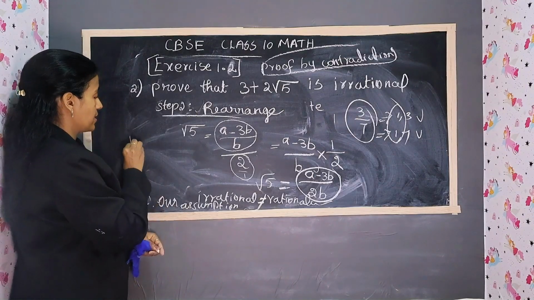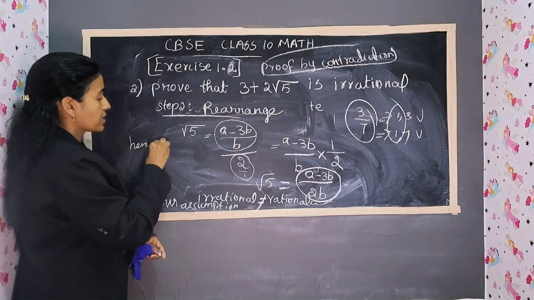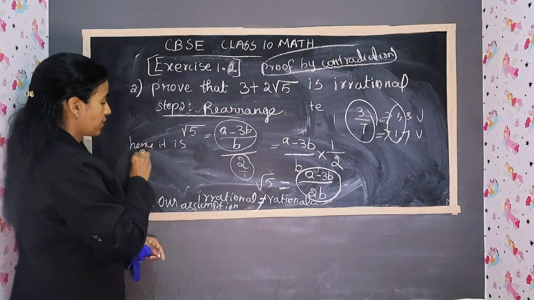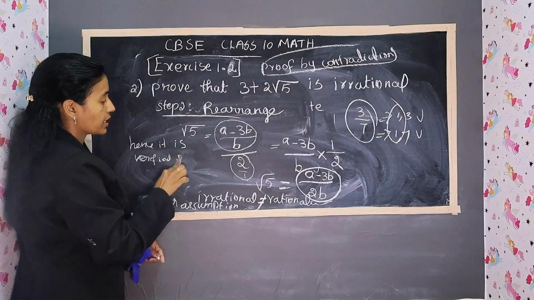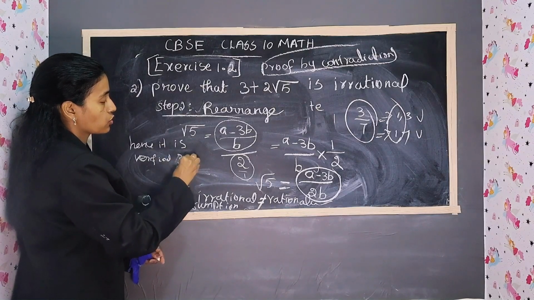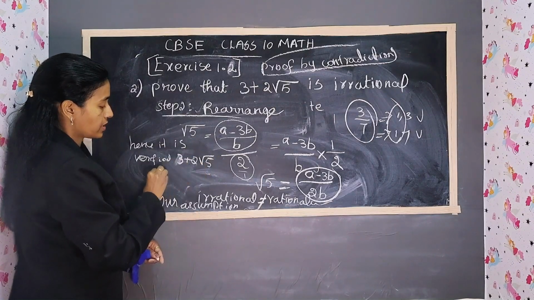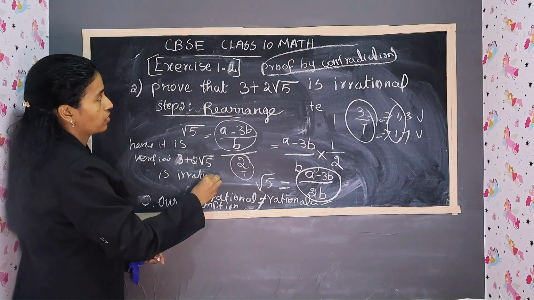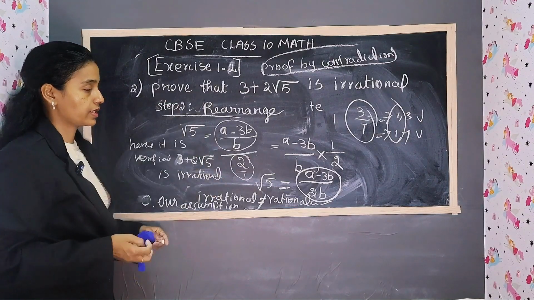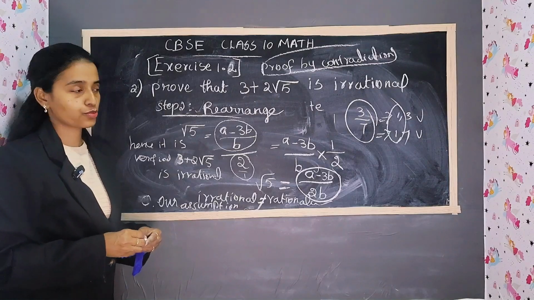Okay, hence it is verified that 3 plus 2 square root of 5 is irrational. This is the answer of the second problem in exercise 1.2.